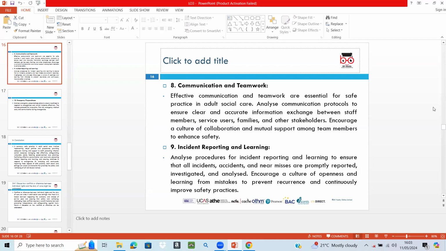We should emphasize prompt reporting, thorough investigation, and analysis of incidents to identify root causes and prevent reoccurrence. And we need to encourage an open culture that values learning from mistakes and continuous improvement. Overall, we will improve the safety practices, and we will strengthen overall risk management strategies by doing the incident reporting and learning.